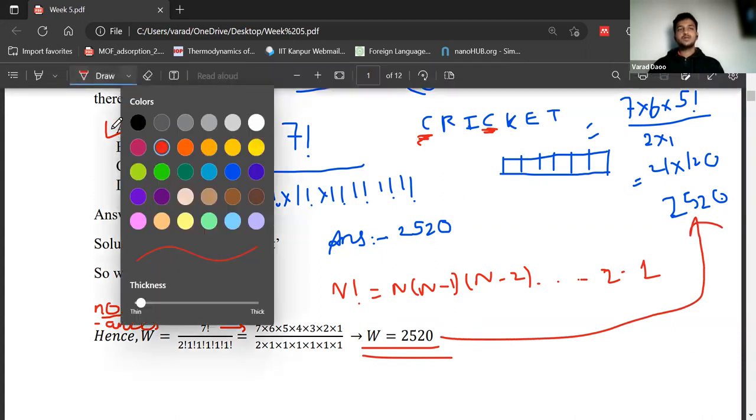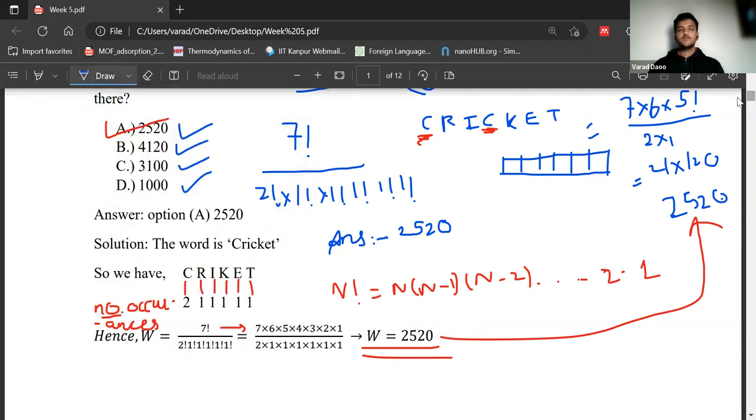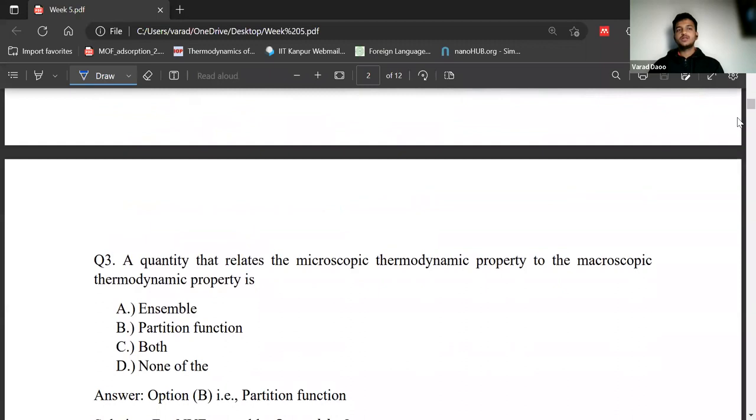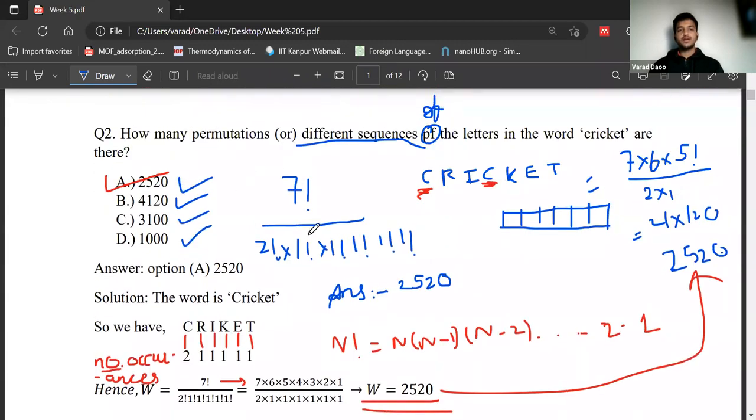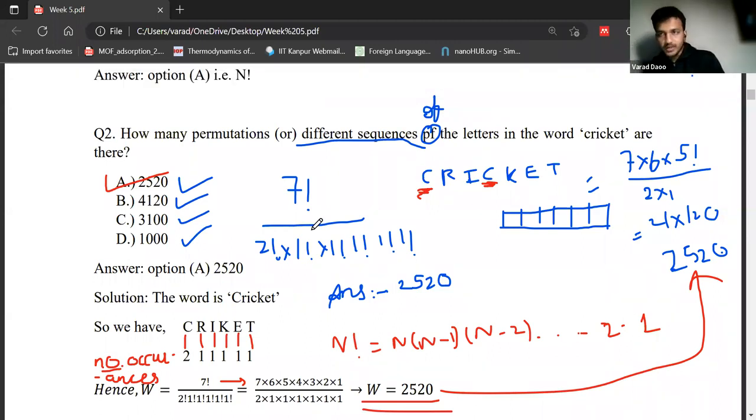So anybody has any doubt in this? Nobody has any questions? I hope the solution is clear to everyone. If anybody has any doubts, they can ask me. And if anybody would like to write the solution to the question also, they can write. Okay, I'll wait for documents.